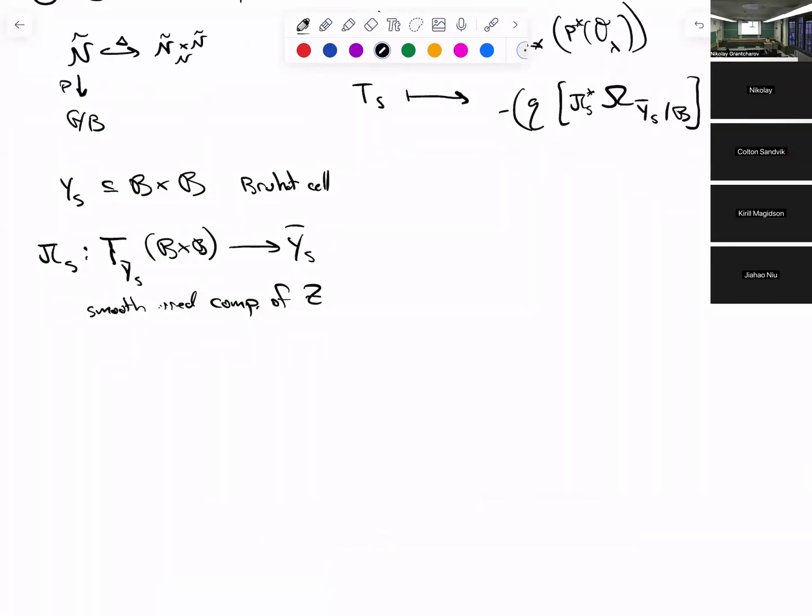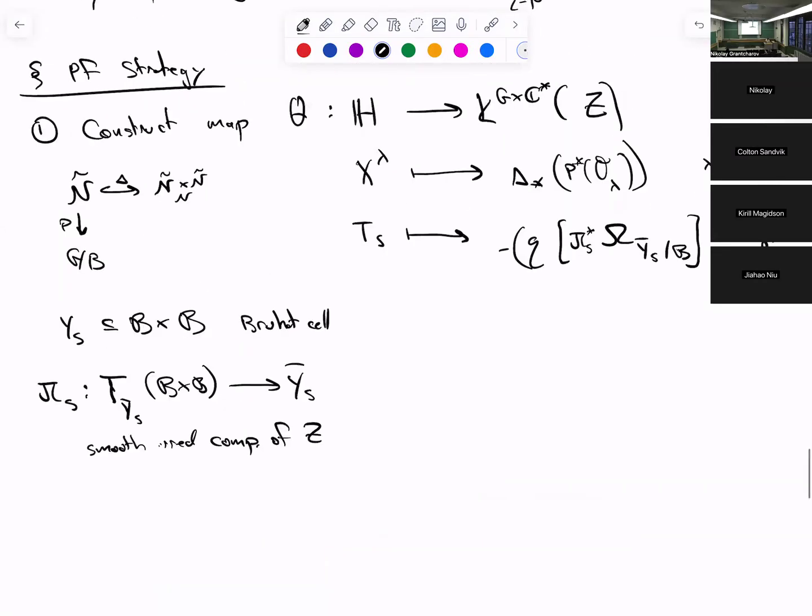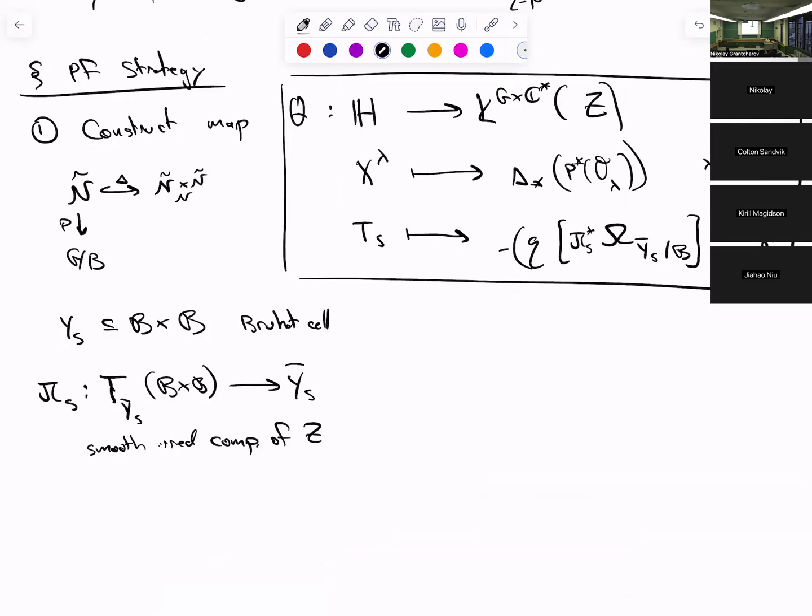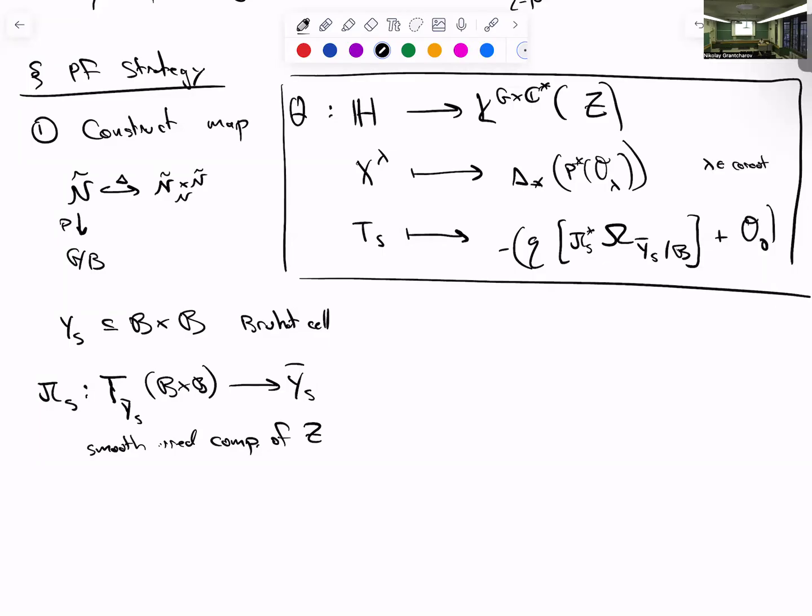Yeah, okay, so this is the map. And it's impossible to show that it's a map of algebras directly. The key point for the SL2 computation is that you can do this directly, but in general it's very hard.